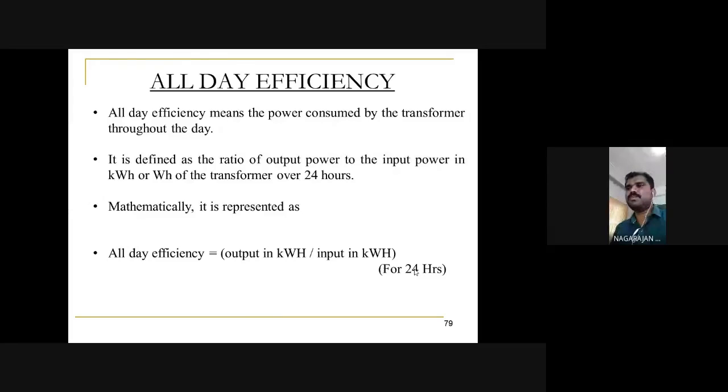So in the morning we'll be having very less power consumption. In the evening we'll be having high power consumption. Even in a single day we are having this dramatic change. And also at night time we will turn on the AC, so the load will be high. Similarly, in summer, the power consumption will be very high compared to the winter season.